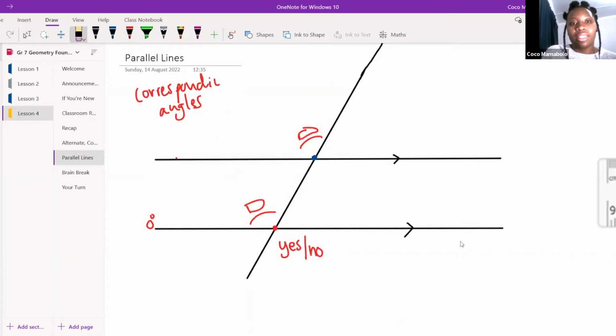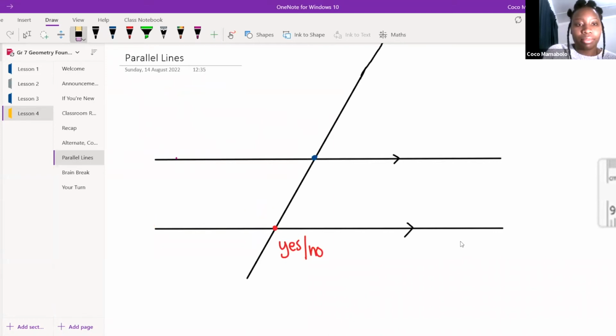All right, then what I want you guys to do is take your protractor, and this time put it right there, but put the 0 on this line over here. Put the 0 degrees over here, and measure this angle for me and put that in the chat.